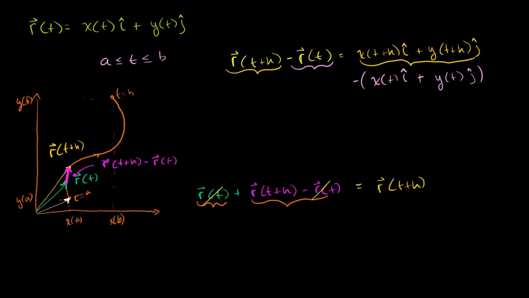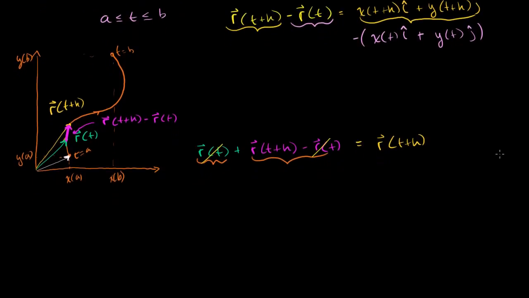So this is going to be equal to, let me rewrite it over here because I think I'm going to need some space later on. So I have r of t plus h minus r of t is equal to, now I'm just going to group the x and the y components. This is equal to the x components added together, but this is a negative, so we're going to subtract this guy from that guy.